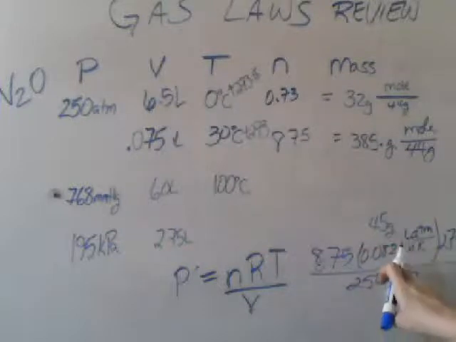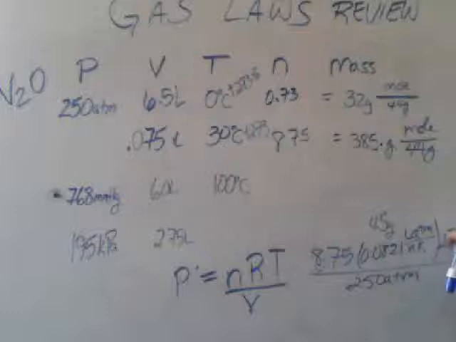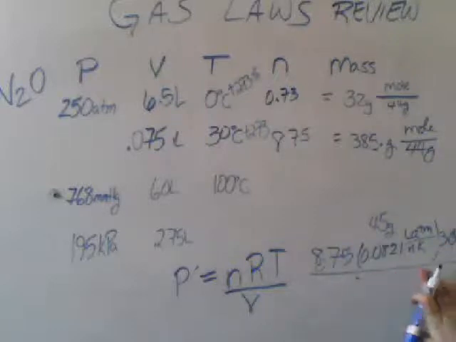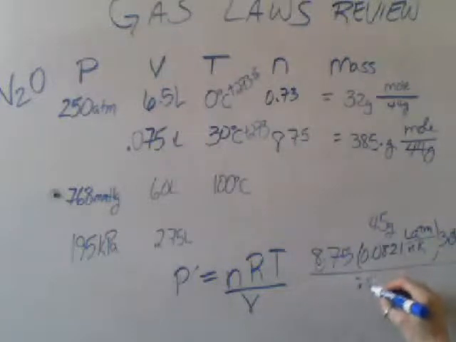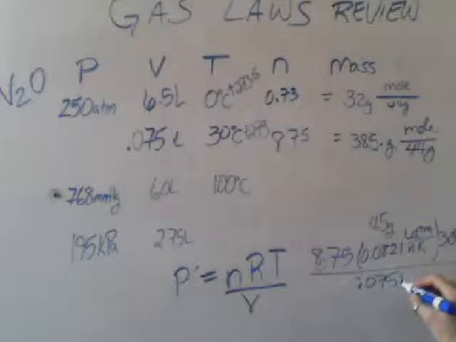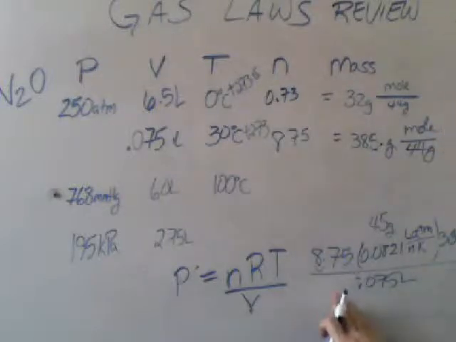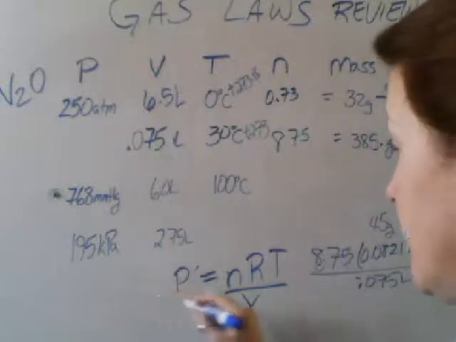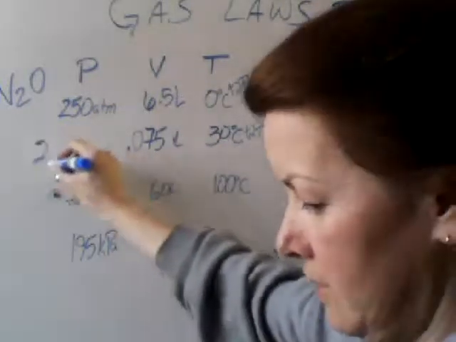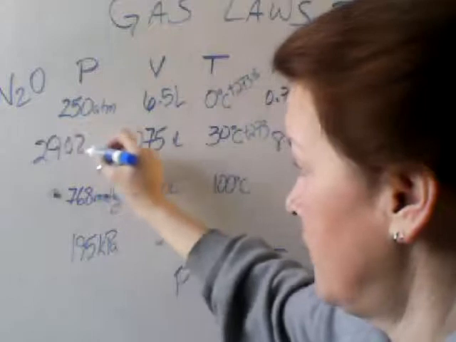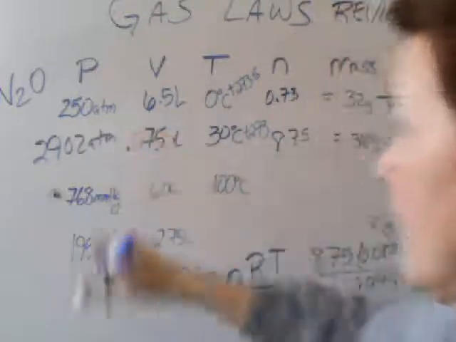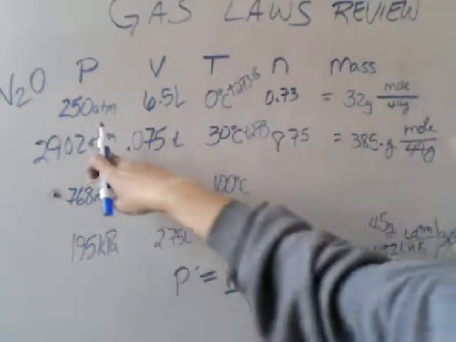Our R remains the same, and our temperature increases to 303 degrees Kelvin, and our volume is 0.075 liters. So we solve for that, and we get that it is 2,902 atmospheres.